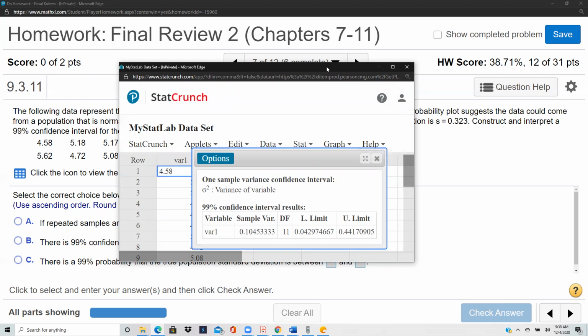The one that says sample standard deviation between. Why? Because the other two say population, and we know it's not population. A confidence interval is always about the population. Sample value, we know exactly what it is.